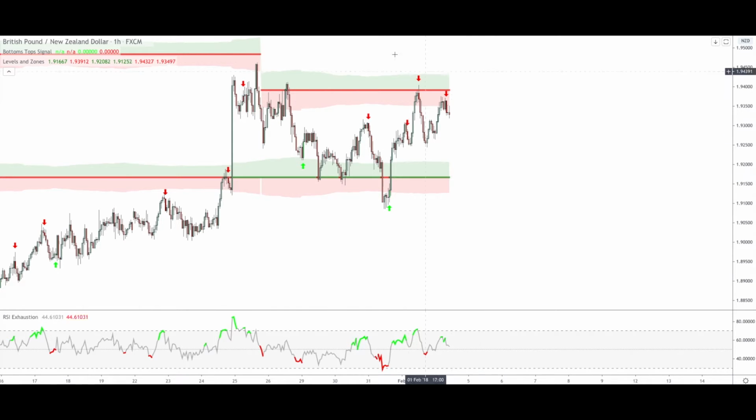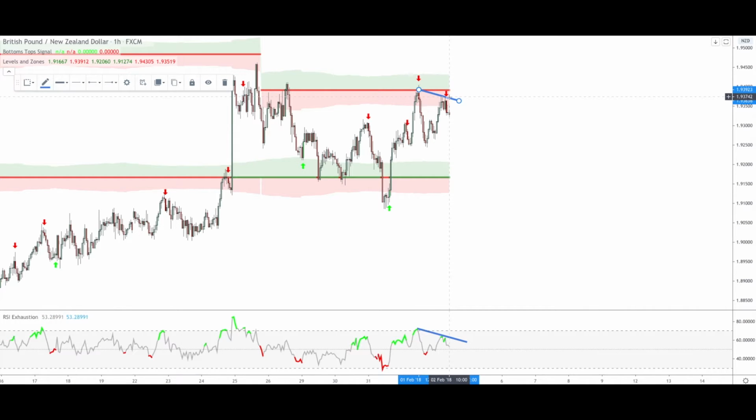The first condition that we always check with the bottom stop signal and the RSI exhaustion is to have divergence. So in this case, we have this downtrend here in the RSI. So the RSI is going down, but it looks like we don't have an actual divergence because the price is also going down, okay?